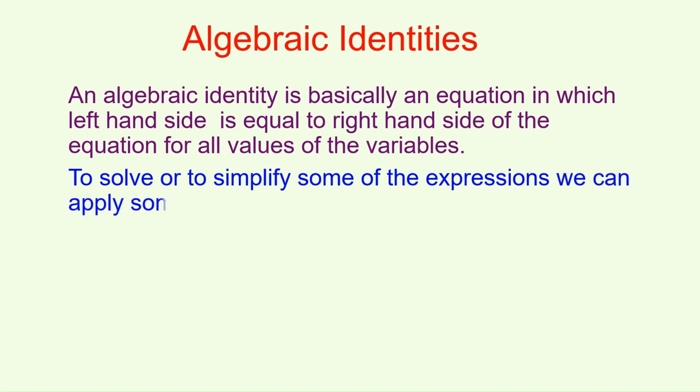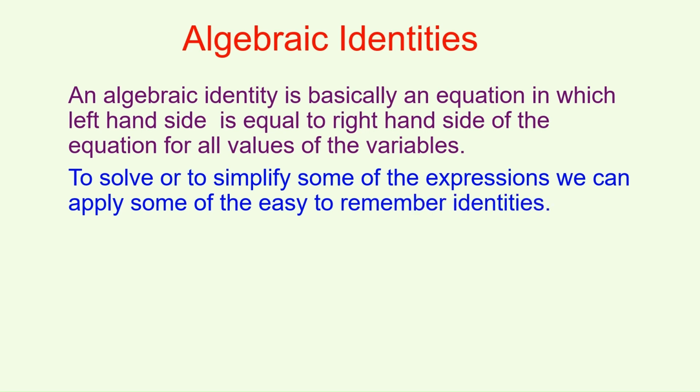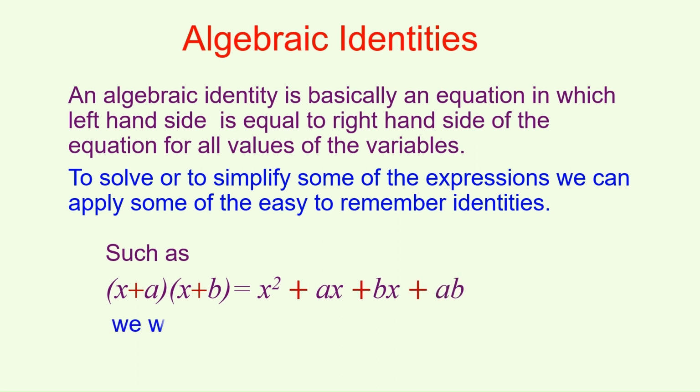To solve or to simplify some expressions, we can apply some easy-to-remember identities, such as x plus a multiplied by x plus b equals x squared plus a x plus b x plus ab. We will show the proof of this identity.